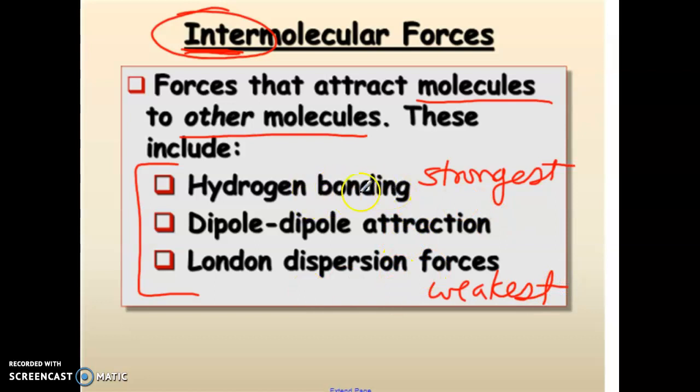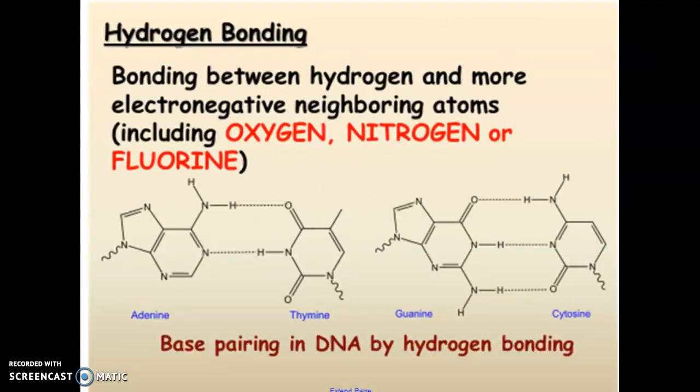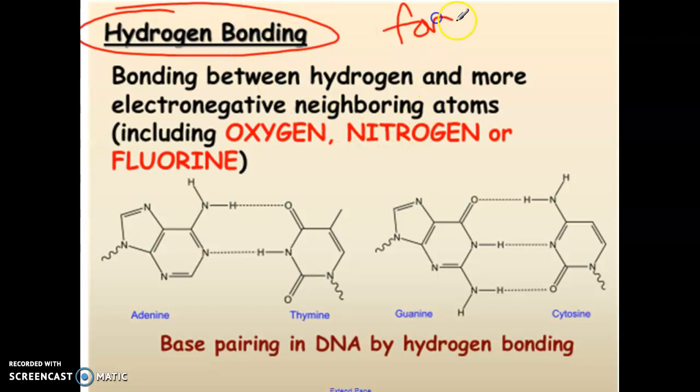What we're going to do is talk about what each one of these is and what to look for: how do you know what attractive forces a molecule possesses? Let's talk about the strongest forces first. It's called hydrogen bonding, but all these things we're talking about are forces of attraction.